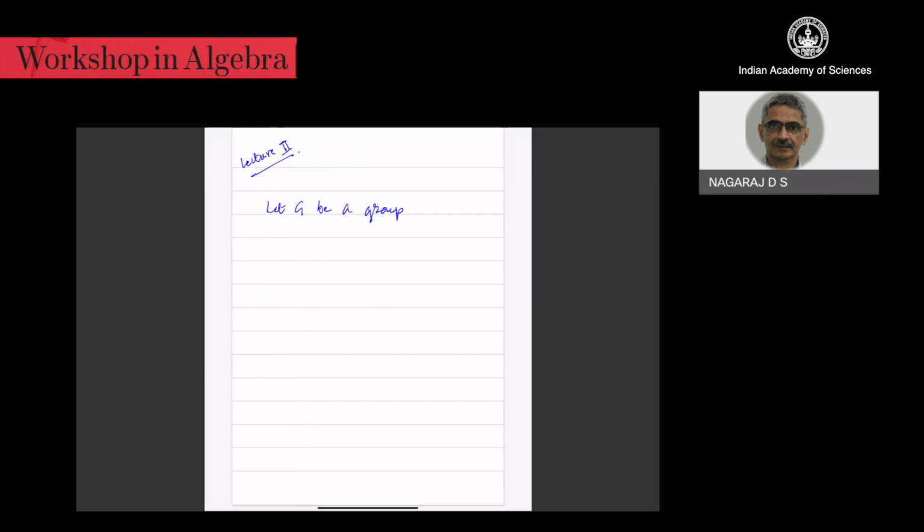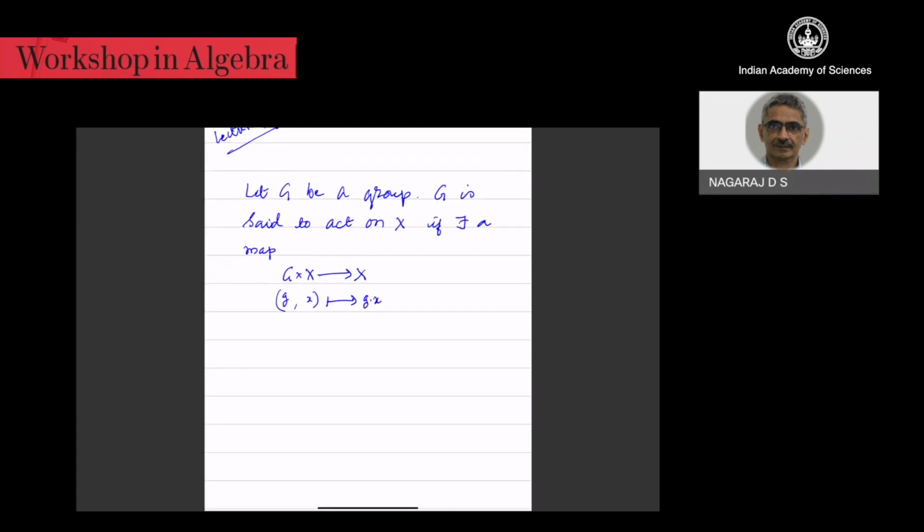G is said to act on X if there is a map from G cross X to X, the pair (g, x) maps to g times x.